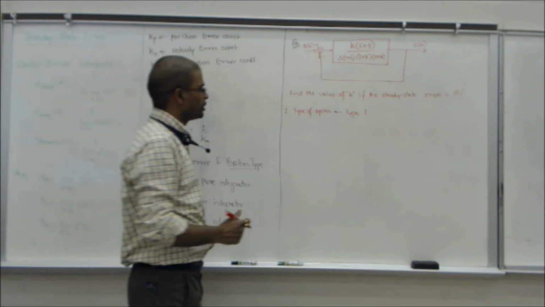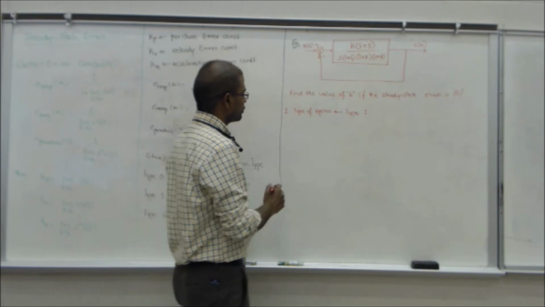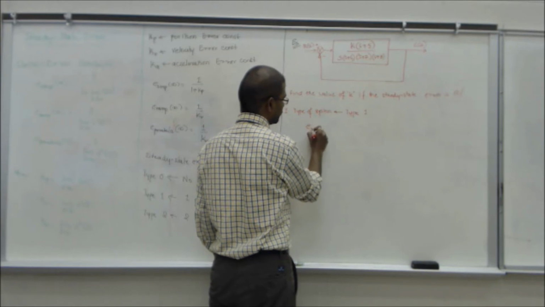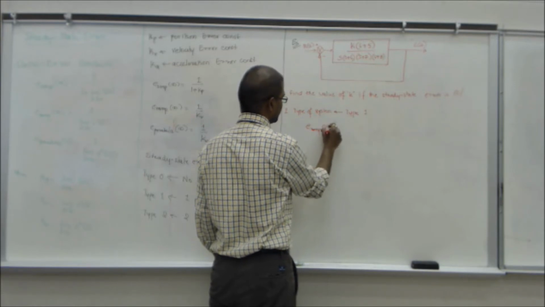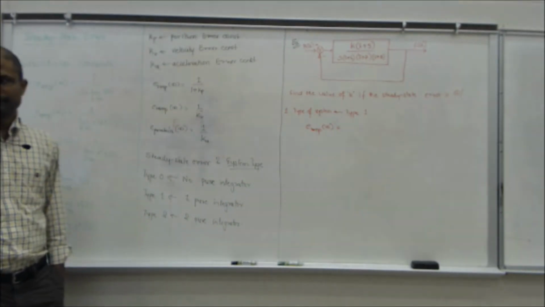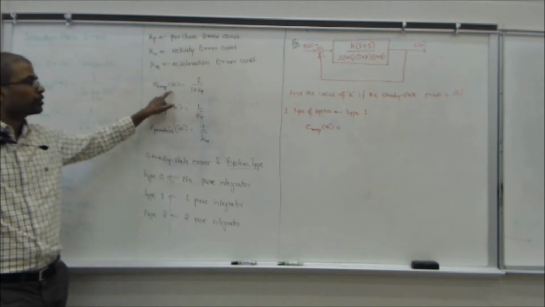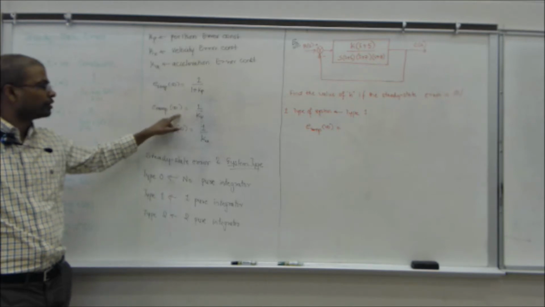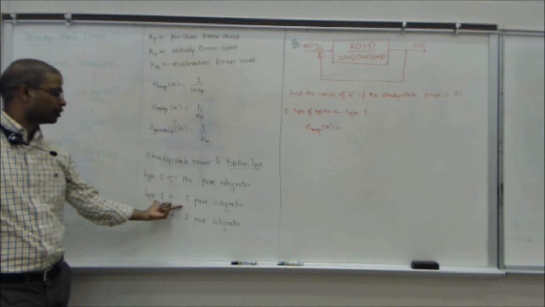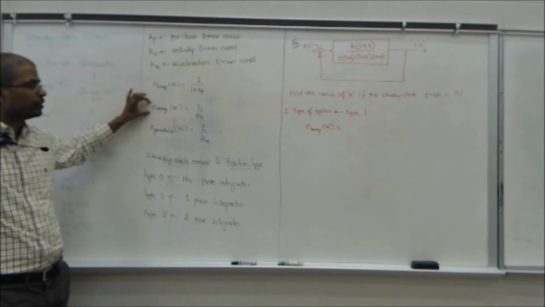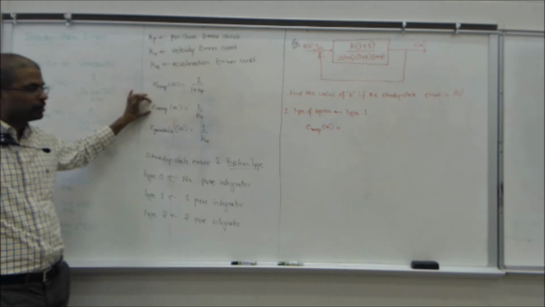So obviously you're going to use E ramp, correct? You cannot use anything else. You cannot use the others because this is 0 and this is infinity for a type 1 system. So you have to use E ramp.